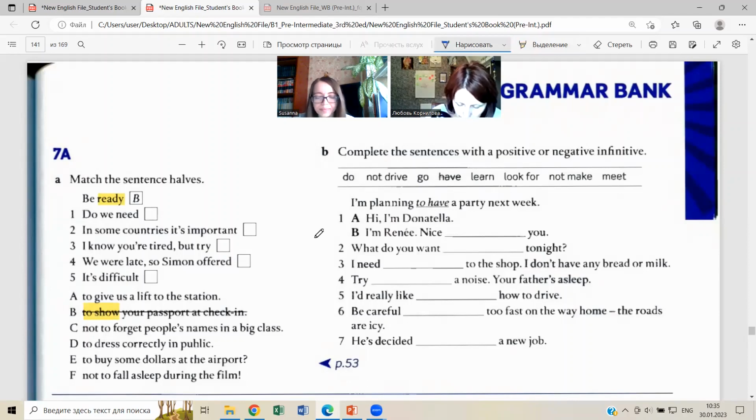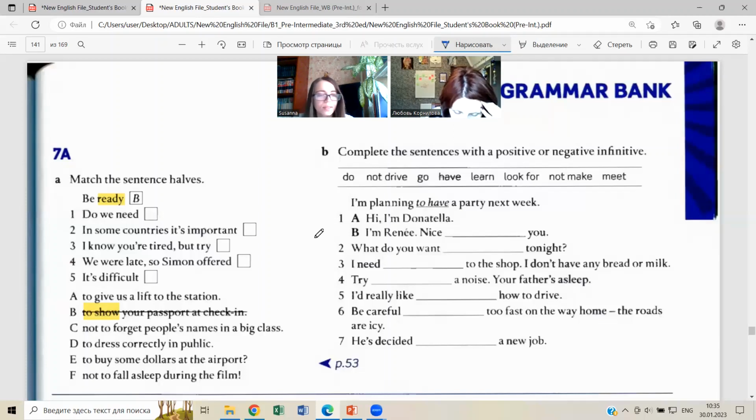Do we need? Just a moment. In some countries, it is important. I know you're tired, but try. We were late, so Simon offered. It is difficult. To give us a lift to the station, not to forget people's names in a big class, to dress correctly in public, to buy some dollars at the airport, not to fall asleep during the film.